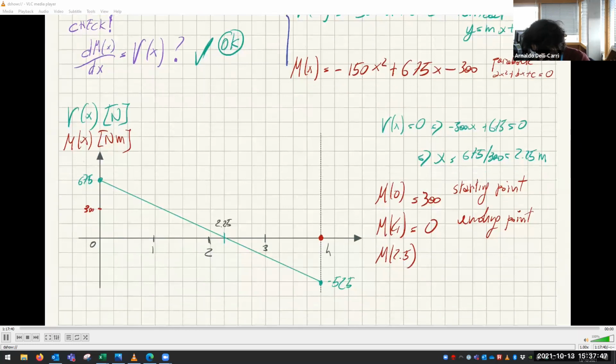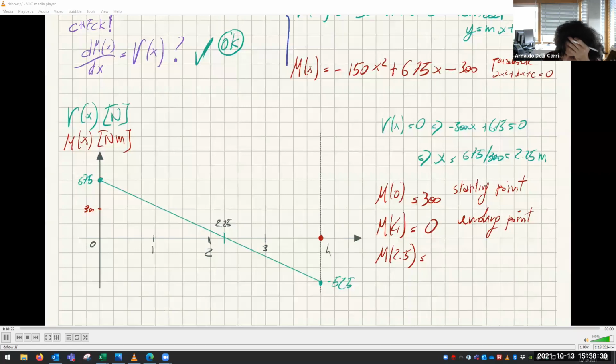So m of 2.25 is minus 150 times 2.25 squared plus 675 times 2.25 and minus 300.